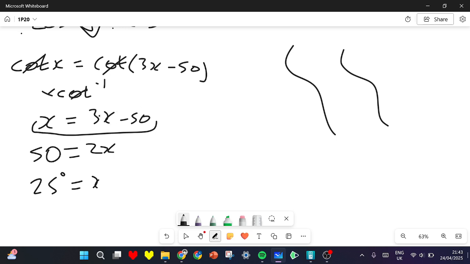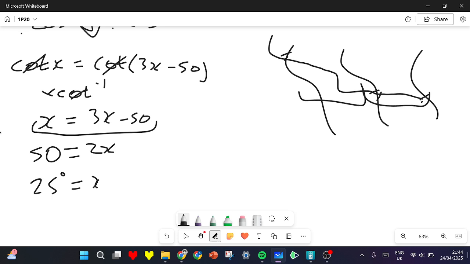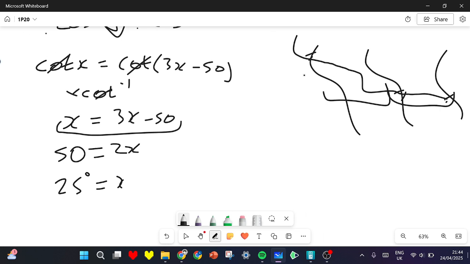If we only do this, then we're just assuming that it only meets the 3x minus 50 graph once, but it probably does meet it more times. It's just one of the 180 gaps. So we just need to check if that gap is within the 0 to 180 range.